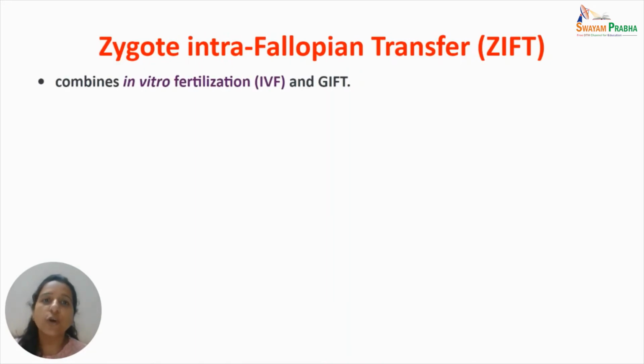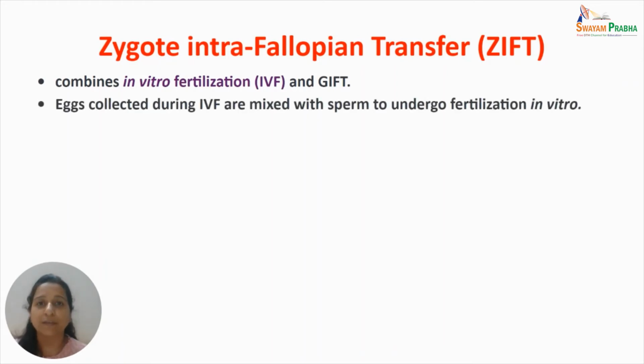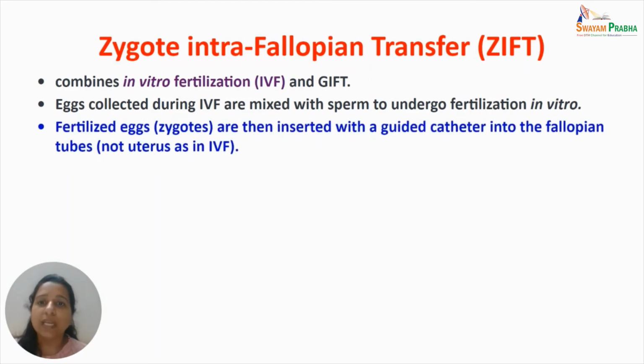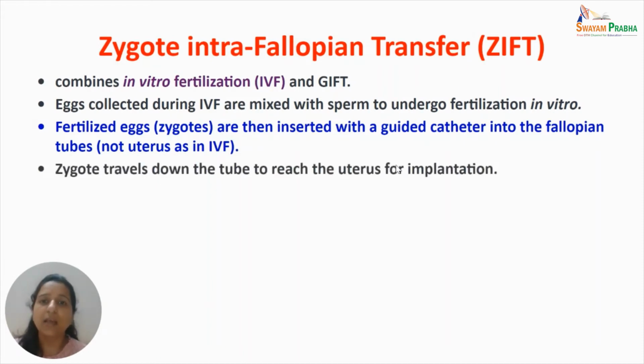The next variant of IVF is zygote intrafallopian transfer or the ZIFT, which combines in vitro fertilization and GIFT. So during ZIFT, eggs collected during IVF are mixed with sperm to undergo fertilization in vitro. However, the fertilized eggs or zygotes are inserted into the fallopian tubes, not uterus, as in IVF, with the help of a guided catheter, and the zygote travels down the tube to reach the uterus for implantation.